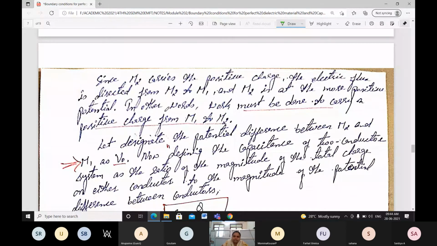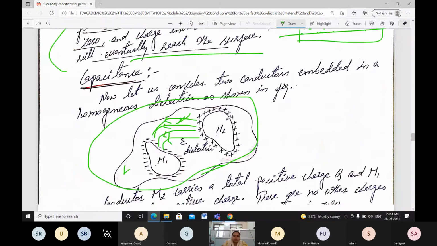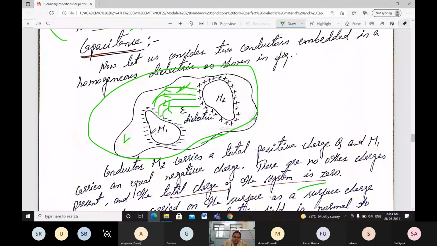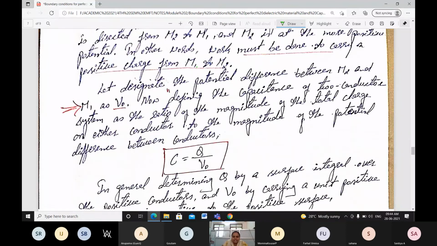In other words, work must be done to carry a positive charge from M1 to M2. When you move a positive charge, a small amount of work has to be done to carry it from M1 to M2. That is what it is telling here.